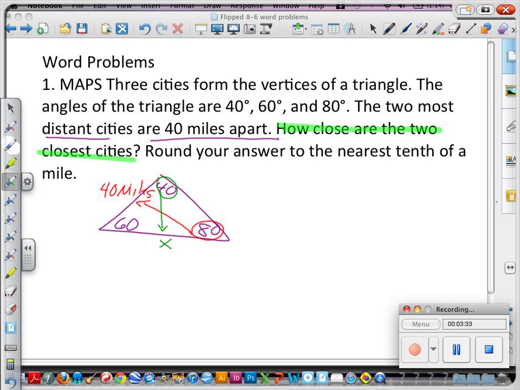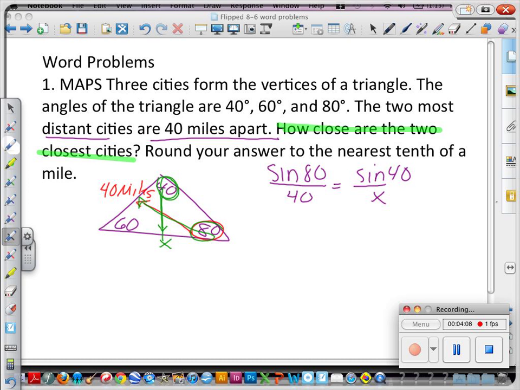Now the question is, am I using right triangle trigonometry? Am I using law of cosines or law of sines? I have an angle and a side opposite type of relationship going here, people. So I'm using law of sines. I'm going to go sine of 80, and then the side opposite would be 40. I have an angle of 40. I'm looking for a side.